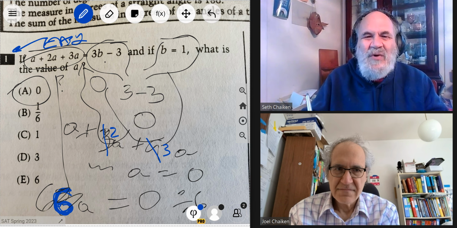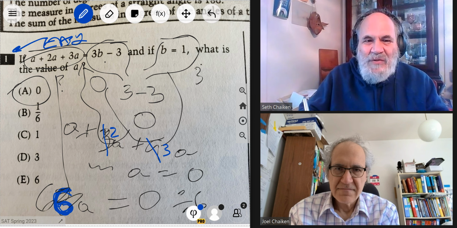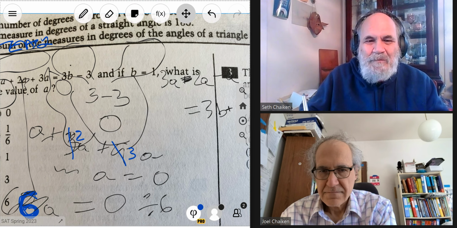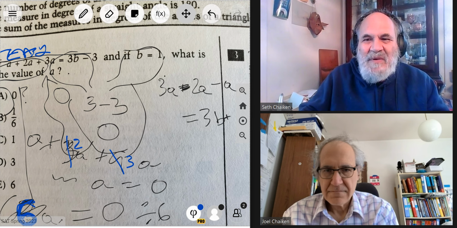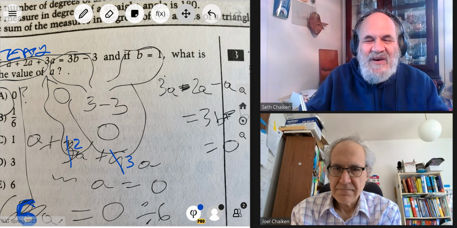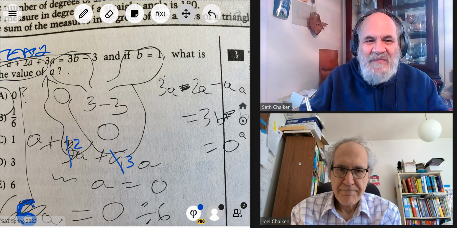A more sophisticated question would be something like this. Suppose you have 3A minus 2A minus A equals 3B plus 3B minus B. B equals 1, so the right-hand side is 0, and the equation simplifies to 0A equals 0.